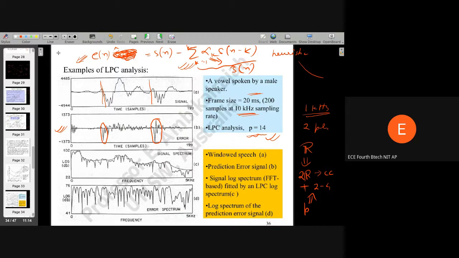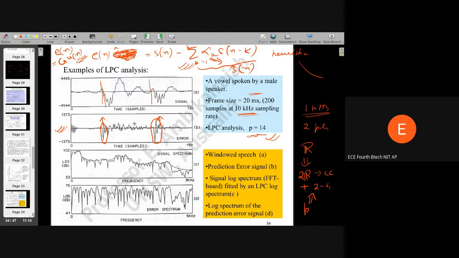As we said, if we are able to correctly estimate our LP coefficients, we should get something purely like zeros and impulses, but obviously in reality that does not happen. But you can see that in these positions we are getting large values, and the rest in the vicinity has smaller values.